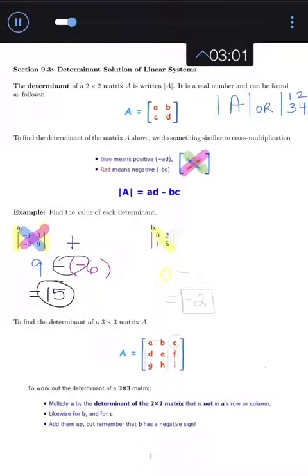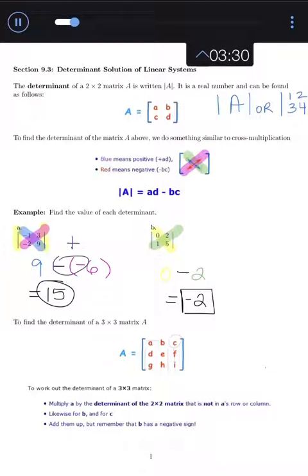Then we'll subtract, multiplying the B and C terms, which in this example are 1 and 2. So 1 times 2 in this example will give us 2. Notice, though, that we are taking 0 minus 2, which actually will give us a value of -2 for our determinant for this particular matrix.